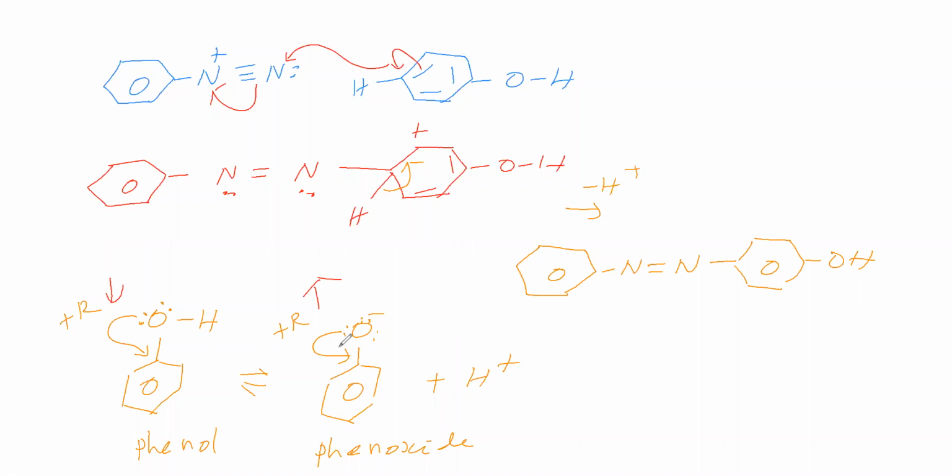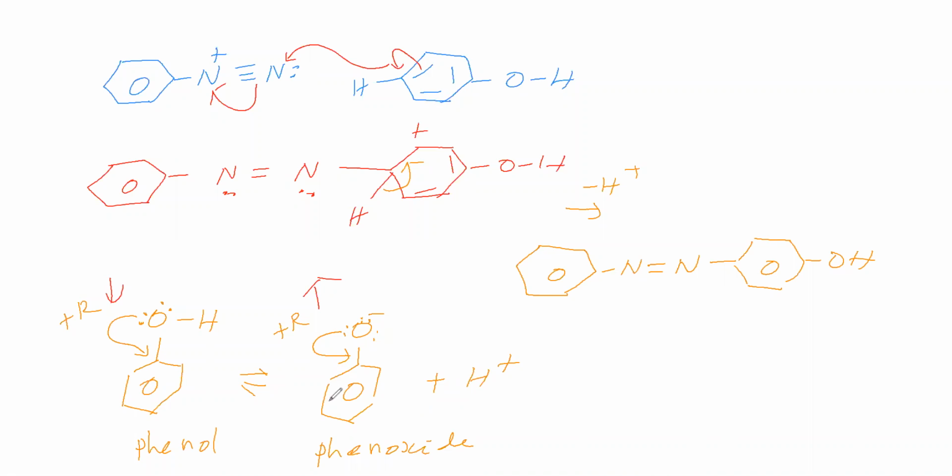In the presence of acidic medium, the equilibrium moves almost to this side, the left side. Therefore, diazonium is not attacking this phenol easily. In the absence of acidic medium, diazonium is attacking phenol easily. Why?